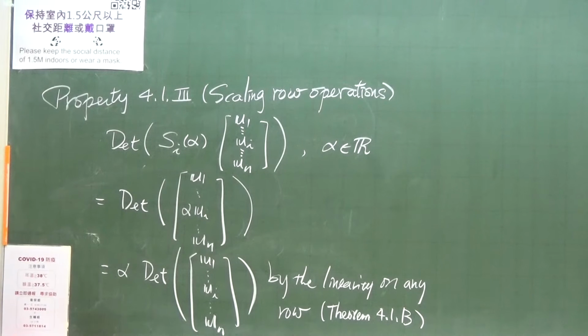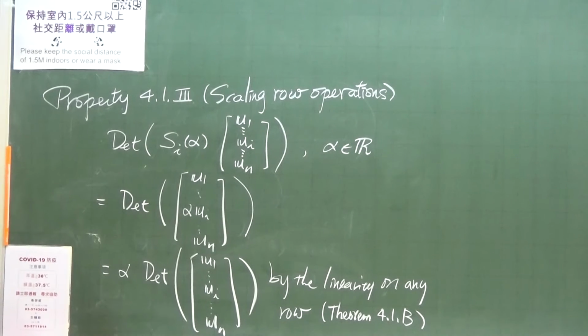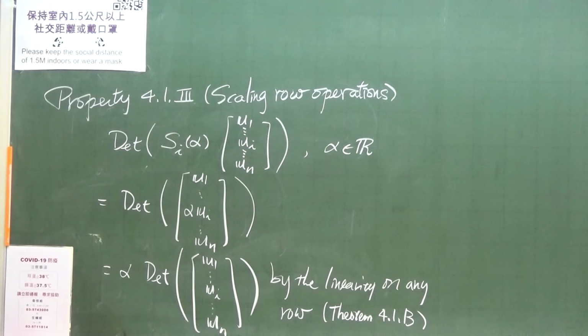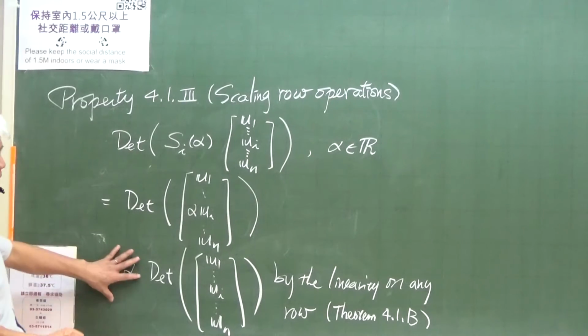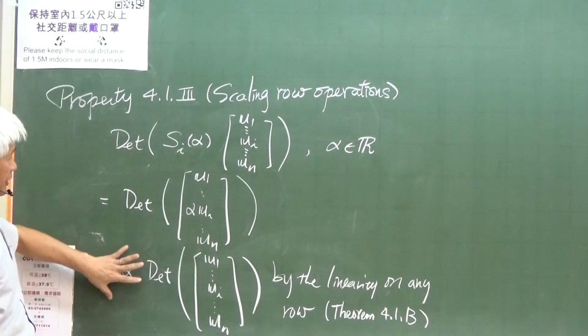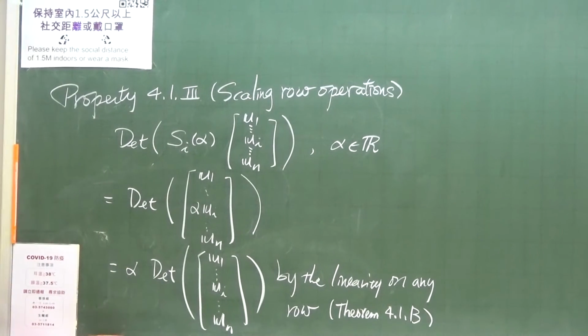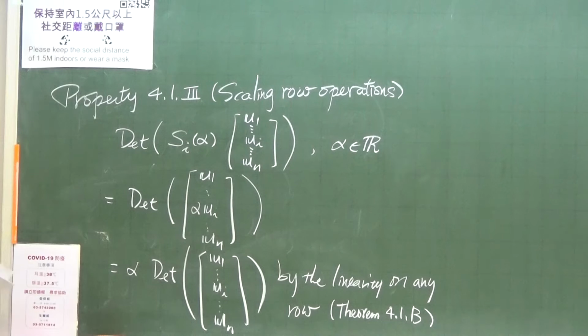So this is just linearity on any row. Here it's just on the i-th row. So if alpha is 0, of course this is 0. And if alpha is 0, this row is 0. So we have 0, property 4.